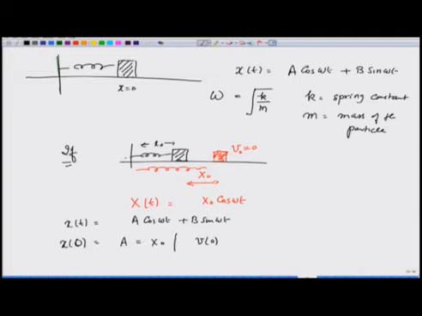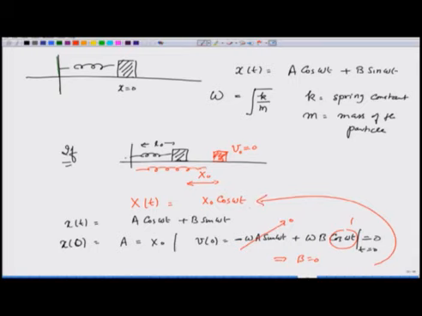V at t is going to be minus omega a sine omega t plus omega b cosine of omega t, and that is given to be 0 at t equal to 0. At t equal to 0, the sine omega t term is already 0, cosine omega t term is 1, and this immediately implies b equals 0, and this leads to this solution.